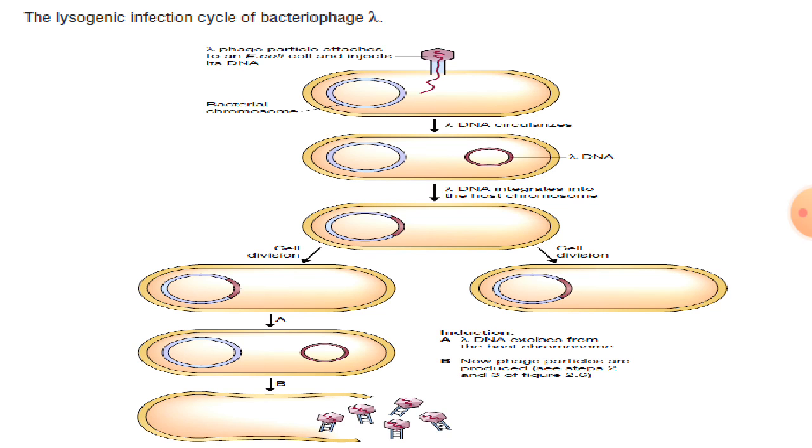The lysogenic cycle of infection is seen when the bacteria is growing in a very suitable medium, while the lytic is seen when the bacteria experiences any damage to its DNA. The phage particles which are formed, the progeny, are released and allowed to infect other suitable bacteria which are growing in nice growth conditions.